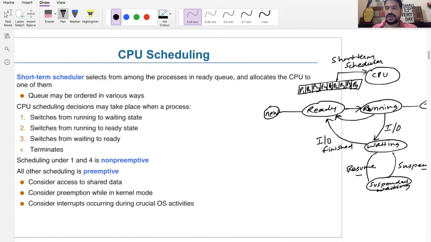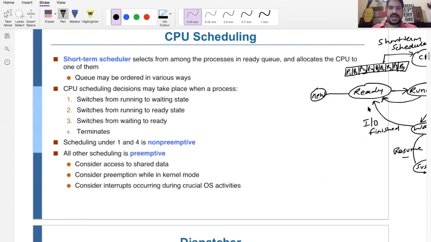So let's go to the slide. This is written: short-term scheduler selects from among the processes in the ready queue and allocates the CPU to one of them. So the short-term scheduler is responsible for picking up any of the processes, depending upon which type of algorithm we have used in the CPU scheduling.